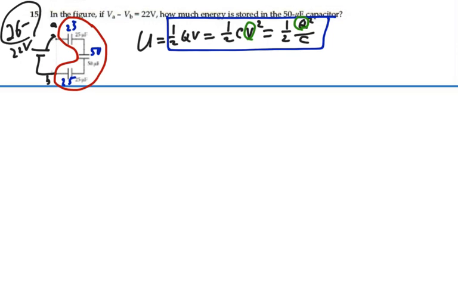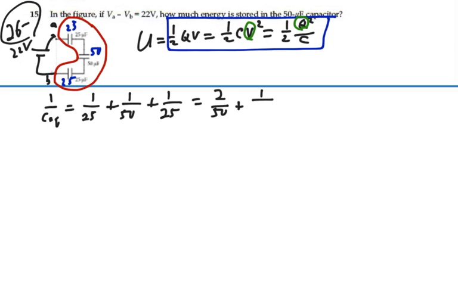Alright, so 1 over C equivalent is going to be equal to 1 over 25 plus 1 over 50 plus 1 over 25. So that's going to be equal to 2/50ths plus 1/50th plus 2/50ths, which would be 5/50ths, or 1/10.